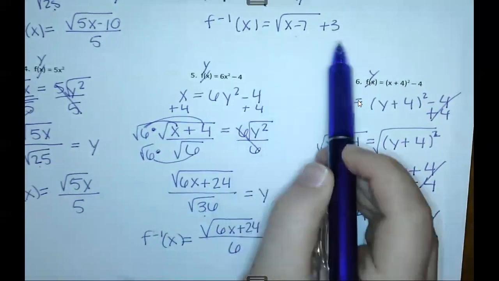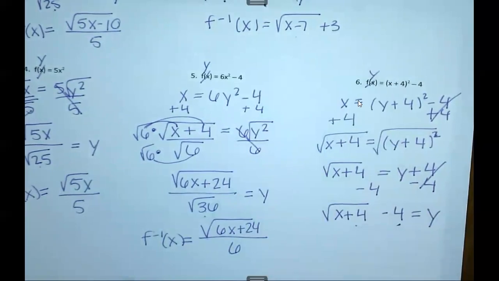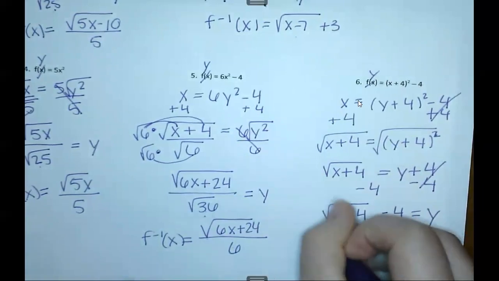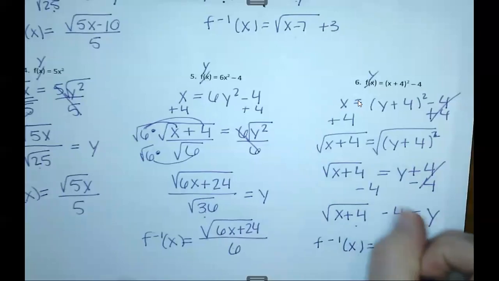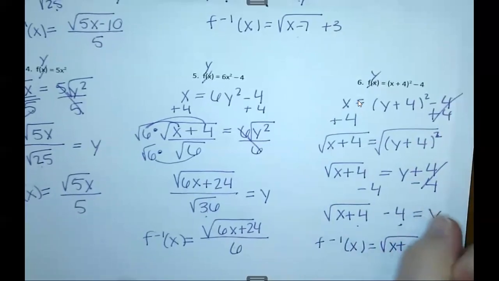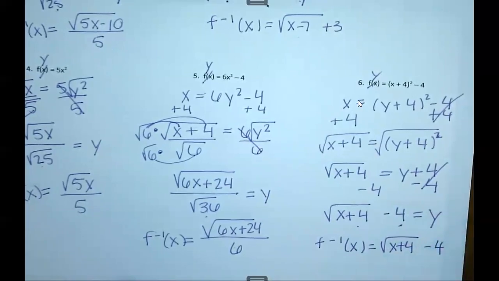One of these numbers is under the square root, one is not. So you cannot combine them. You cannot combine these and get 0. So your last step is just to change your y to the inverse. The inverse equals the square root of x plus 4 minus 4, which should have been your final answer.